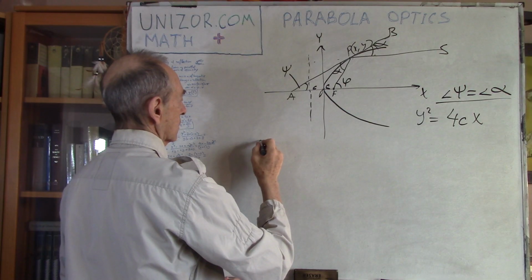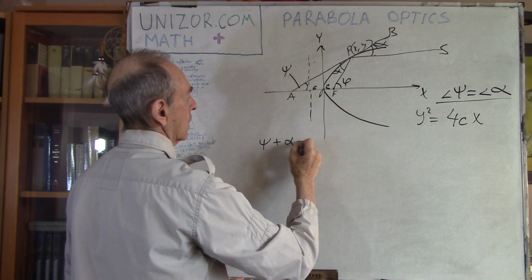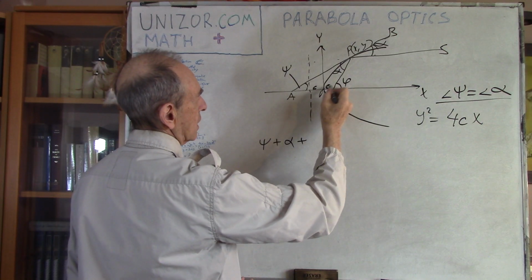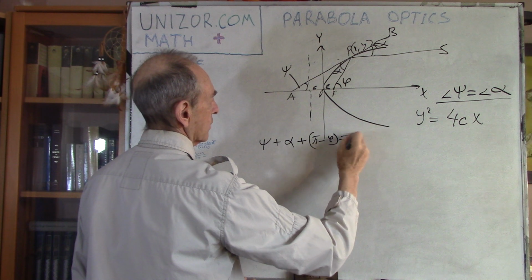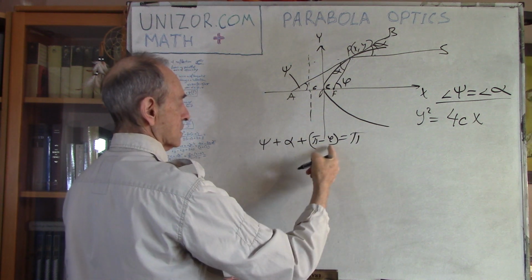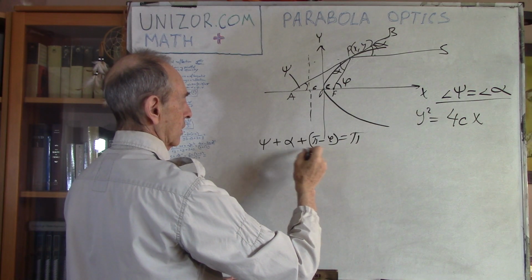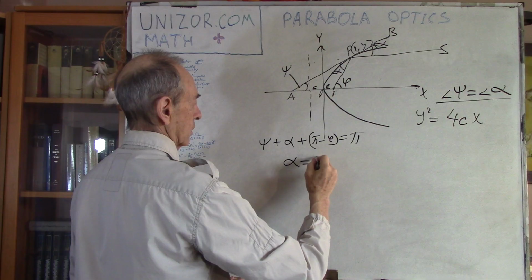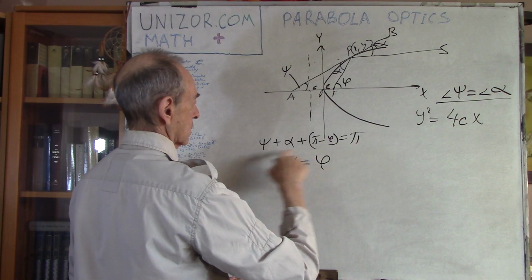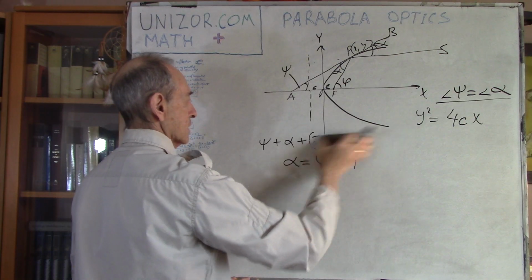So angle psi plus angle alpha plus angle which is pi minus phi equals pi, from which follows that pi will cancel, alpha would be equal to phi minus psi. Okay, so this is the relationship.